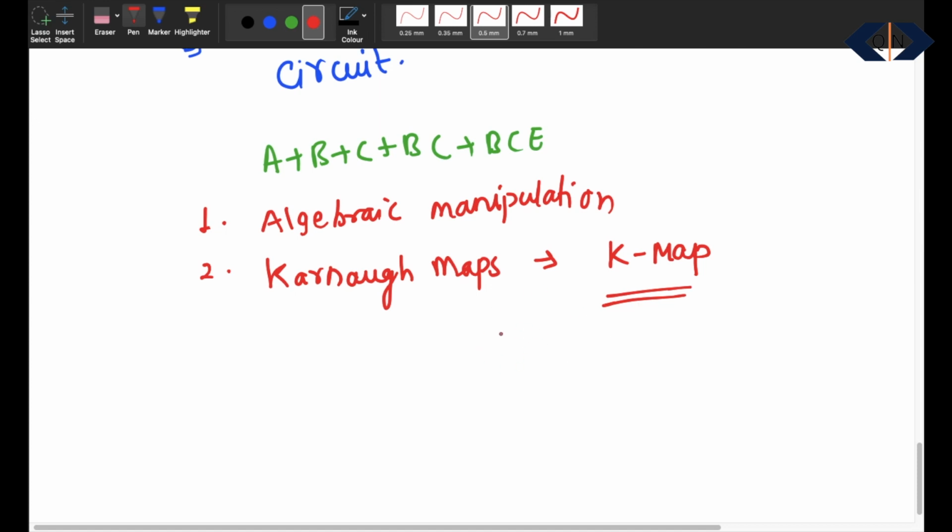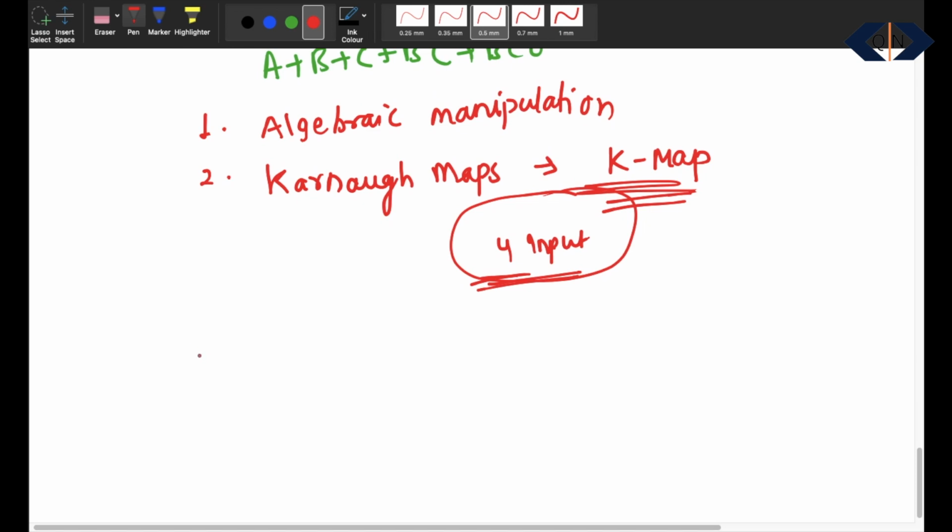Mostly you can minimize the circuit up to 4 inputs, or as many as you like, but it is more convenient with 4 inputs, meaning 4 variables. For up to 4 variables, I mostly use K-map. Beyond that, the tabular method is one method which is slightly lengthy but will give you the result.